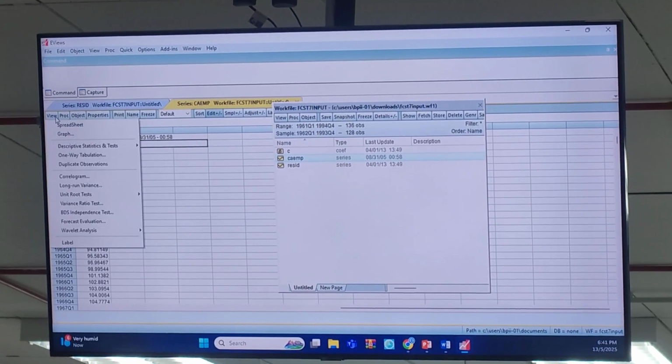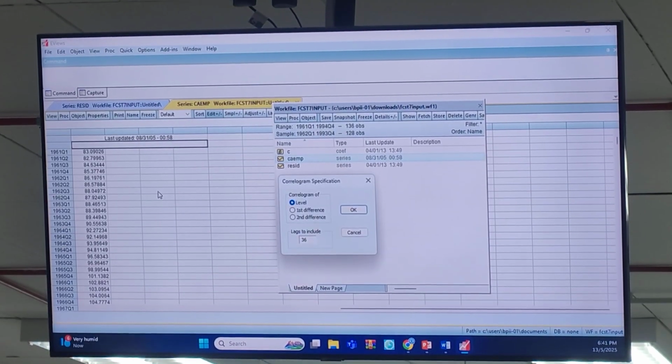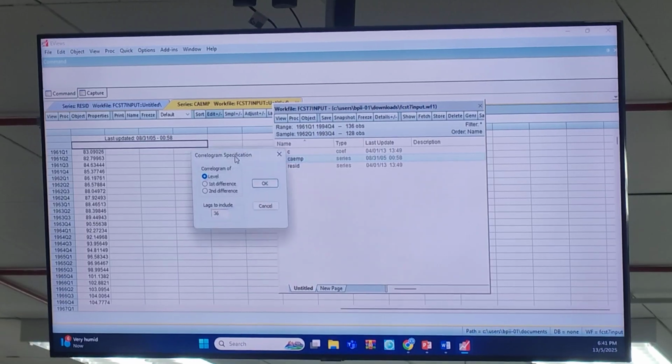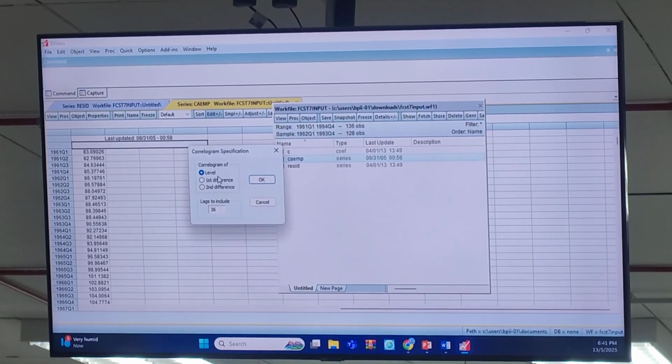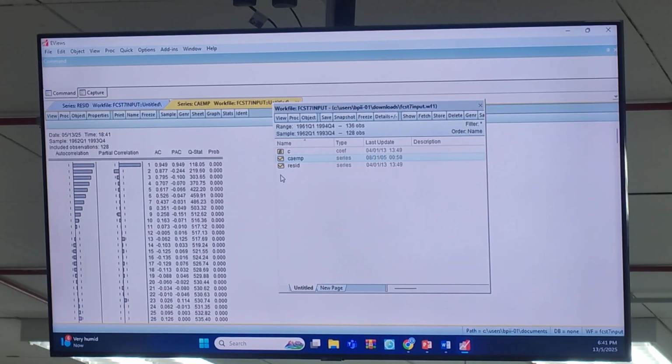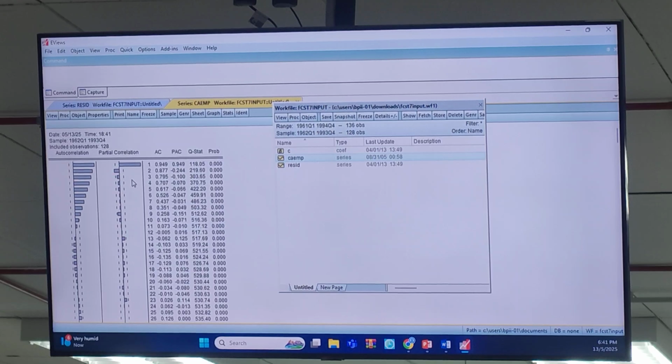So you go to View, Correlogram. Correlogram represents the diagram of ACF and PACF. Level means the original series. So recall what we produced before: the sample ACF and sample PACF.